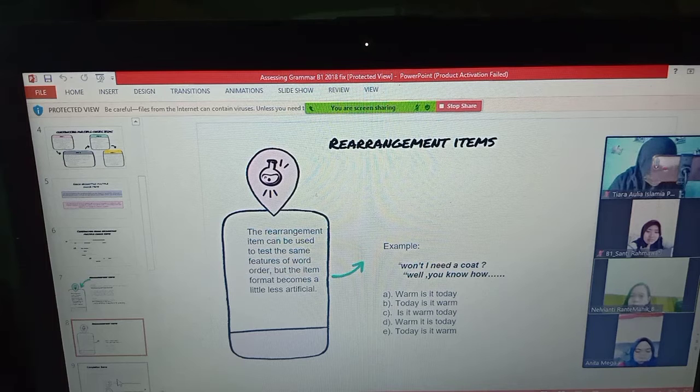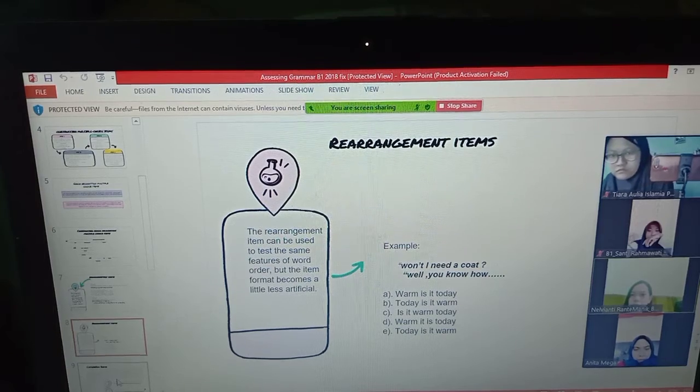Let's see the example. When I need a cut, well, you know how. And the correct answer is D. Jadi kalimatnya adalah when I need a cut, well you know how warm it is today. Karena di sini bukan menanyakan ya, jadi mengarah kepada kondisi pada saat itu.